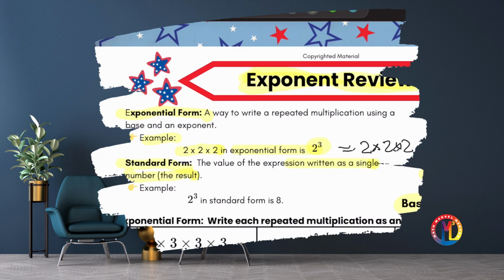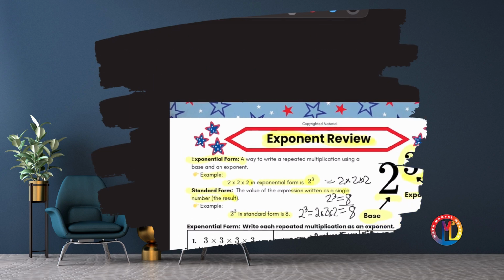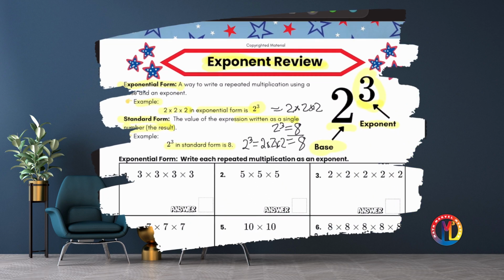It's the result. So 2 to the 3rd power in standard form is 8. It's basically telling you what it equals. 2 to the 3rd power is 2 times 2 times 2, which is the answer 8. So 2 to the 3rd power equals 8. And that's standard form.